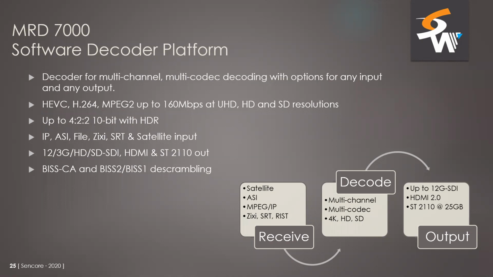And then we have BISS-CA decryption that we just added in there, and then the legacy BISS-1 and BISS-2 encryption there. So if you're looking for a decoder to decode these feeds directly, MRD 7000 would be a great choice, and you can actually receive multiple feeds from different SCP-2100s and decode them all in the same unit here.